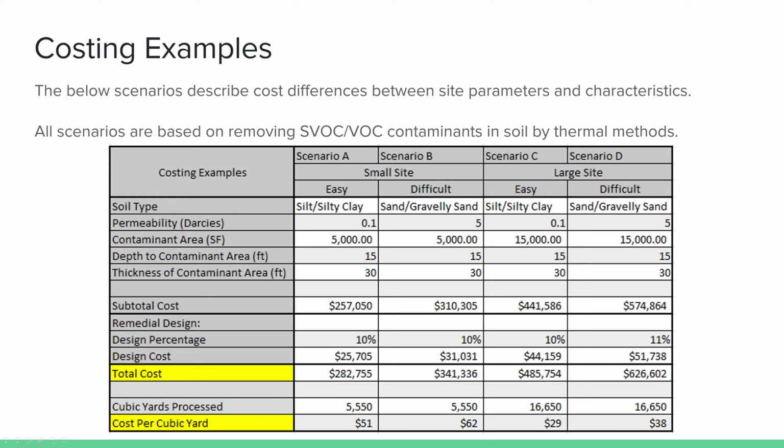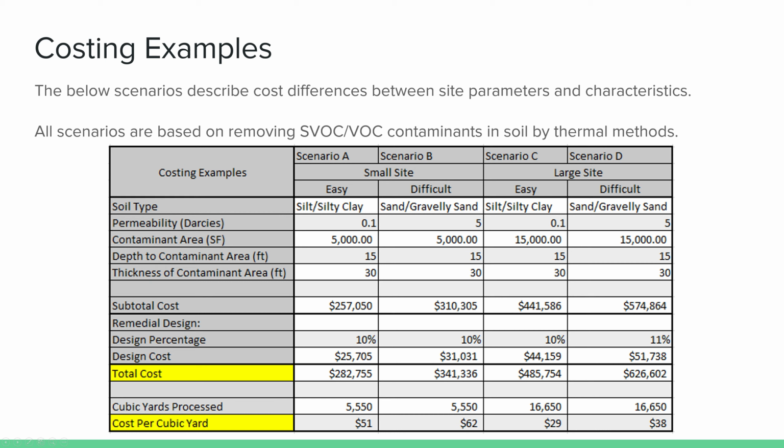What we will focus on here is the total cost differences between the small site and the large site, as well as the cost per cubic yard in both of these scenarios. You'll see that an easy small site will come in roughly at $282,000, while a small difficult site goes up to $341,000.